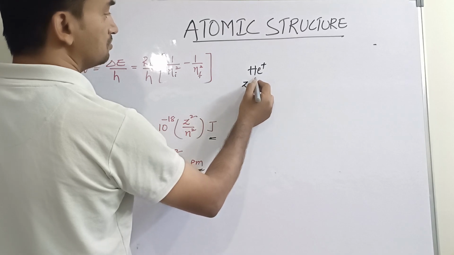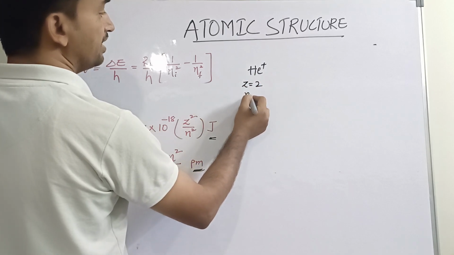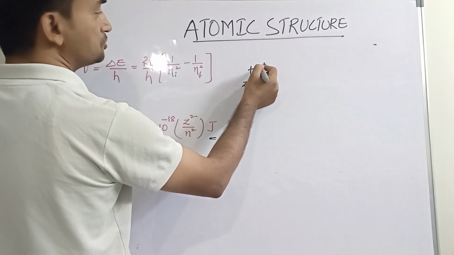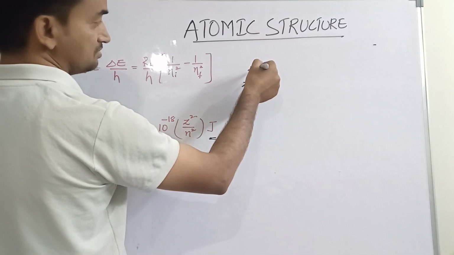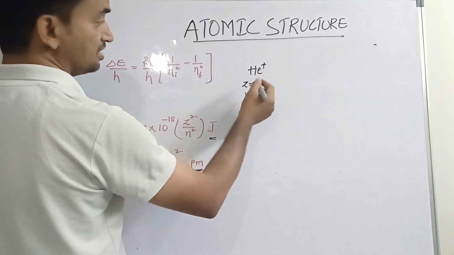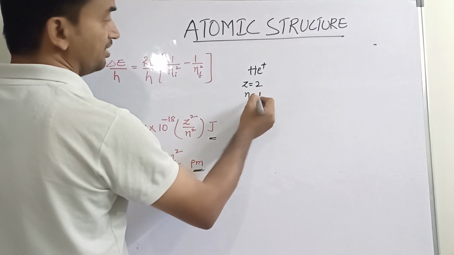Now helium, here what are the values? Z equals 2, and N, here it is 1s2. That second electron is in the first orbit. So here it is 1.